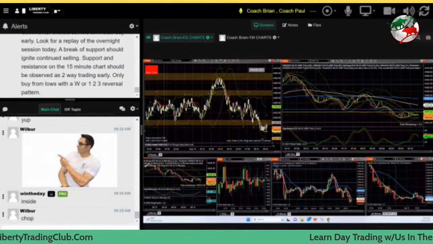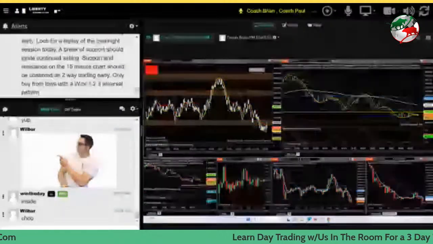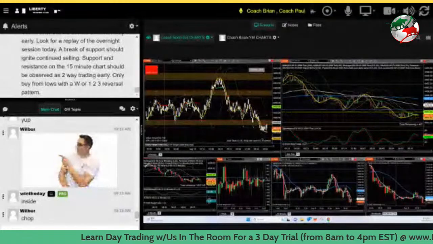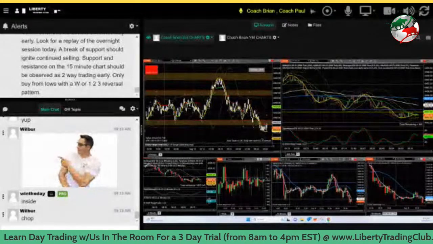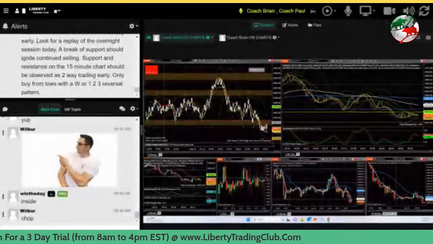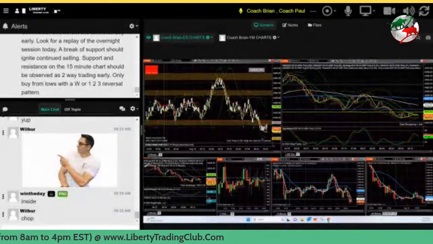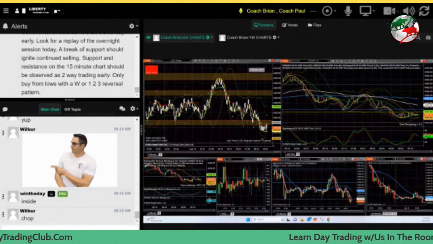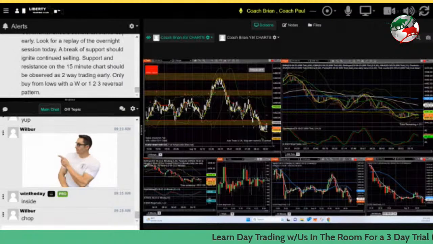Expect some chop. If there's a push up, just sit back and relax. Wait for a zone. Wait for a prior swing. We've been preaching and harping on this for weeks now. Look for those prior swings, or what everybody's going to call the Wilbur zones. It's easy, guys.